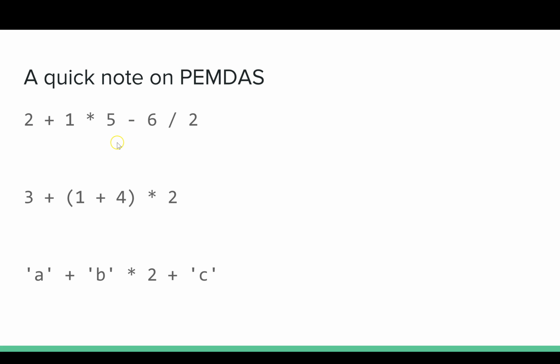So 1 times 5 is 5. So this is done first. This is 5. And then 6 divided by 2 is 3. This is 3.